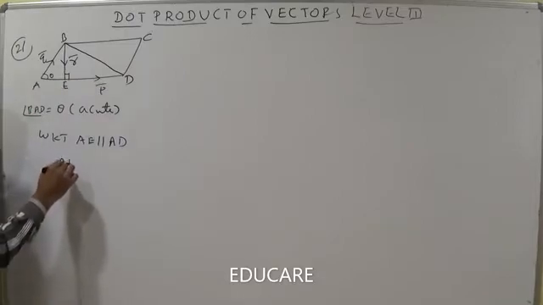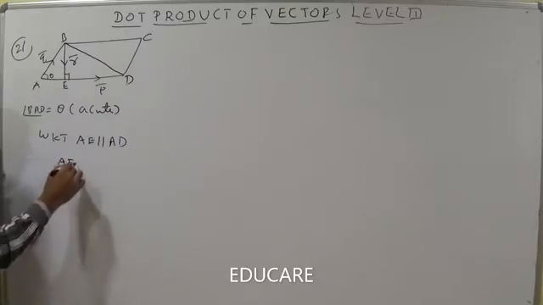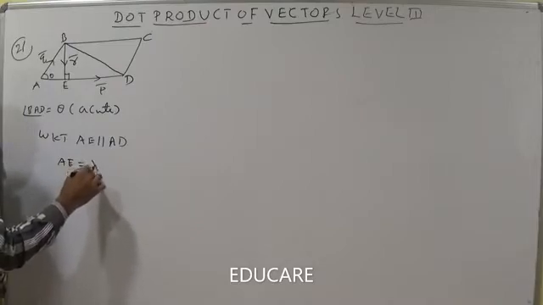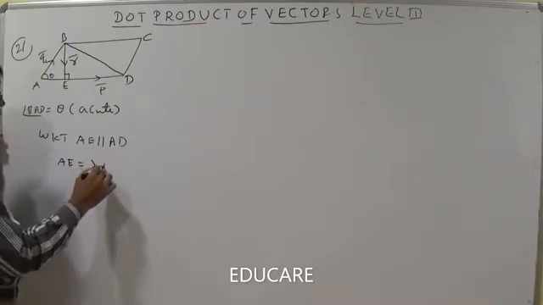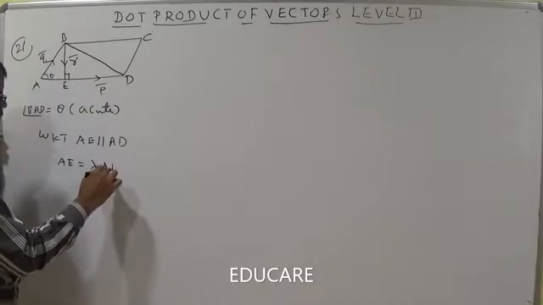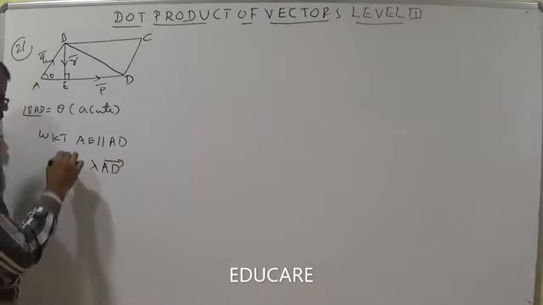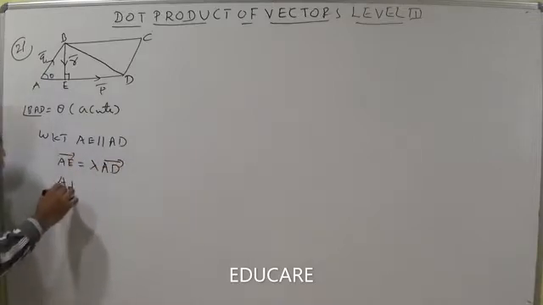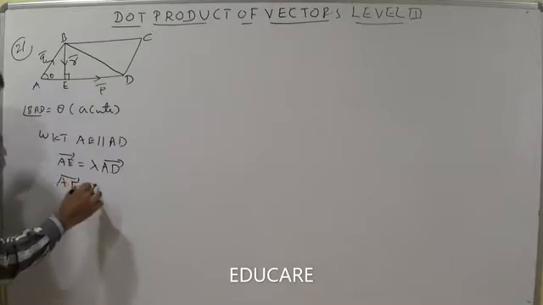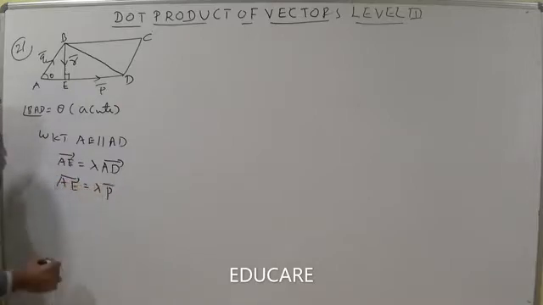Whenever two vectors are parallel, one vector can be expressed as a scalar multiple of the other. So AE is equal to some constant lambda into P bar.